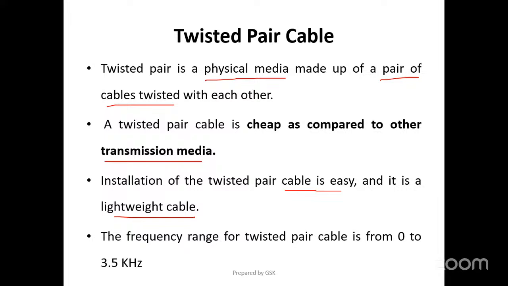The frequency range for a twisted pair cable is from 0 to 3.5 kilohertz. That is the frequency range for the twisted pair cable, 0 to 3.5 kilohertz.